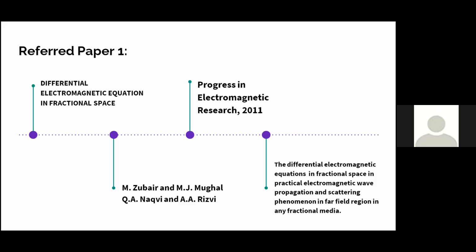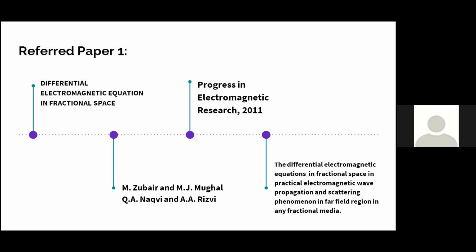These equations can describe the behavior of electric and magnetic fields in any fractal medium. A new form of the vector differential operator, del, and its related differential operators is formulated in fractional space. Using all these differential operators, the classic Maxwell equations have been worked out for fractal media.